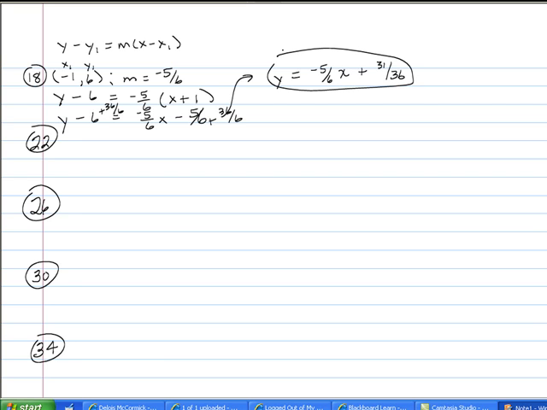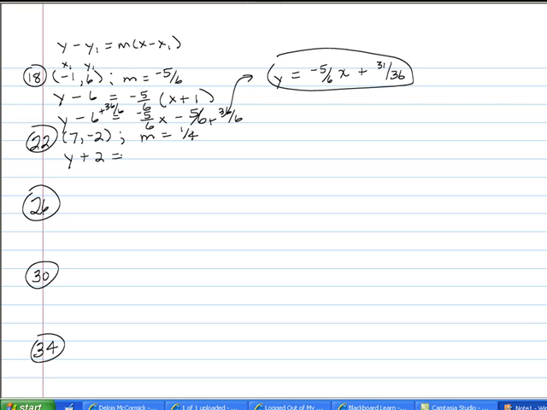Okay, the next one goes through 7, negative 2. Slope is 1/4. So y minus the negative 2 would be plus 2 equals 1/4 times x minus 7.